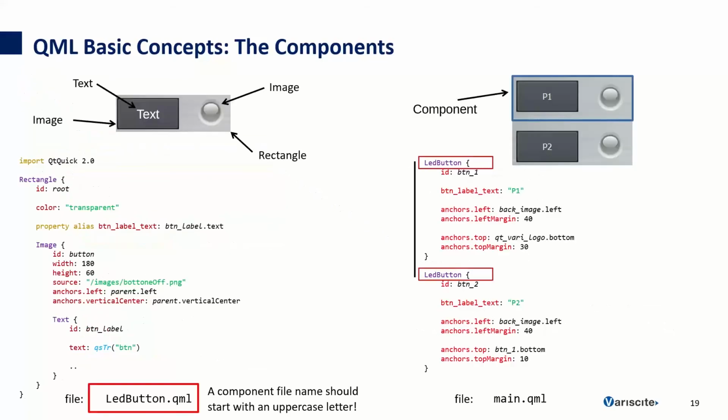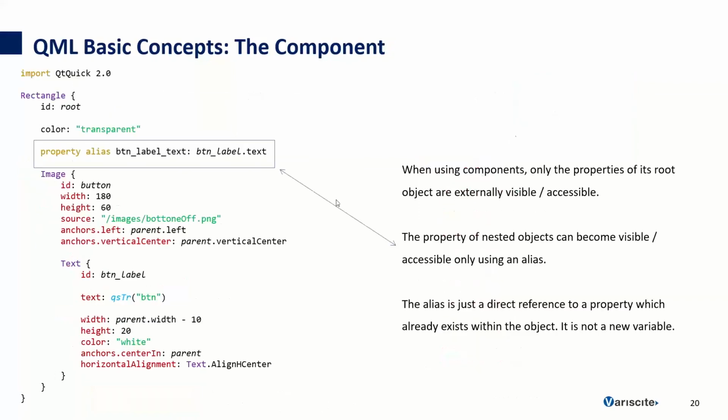But in our case, as you can see here, we would like to change the label of the text for the button. So we referenced in the main rectangle an alias named btn_label_text as buttonLabel.text. buttonLabel is the ID of the text part, and .text is the property that is used to draw the text. This is how components and properties work.